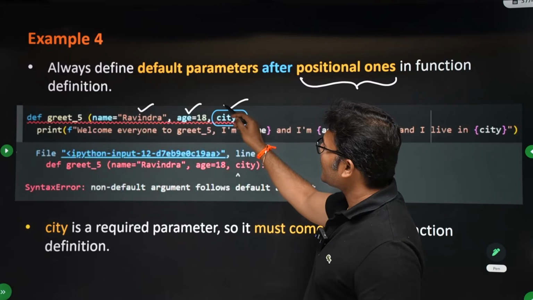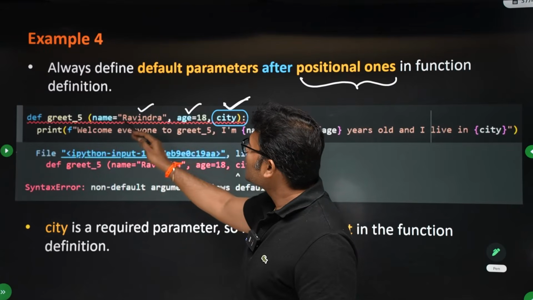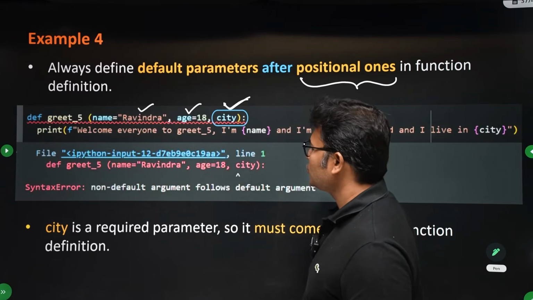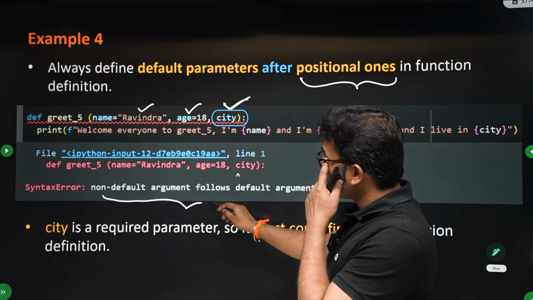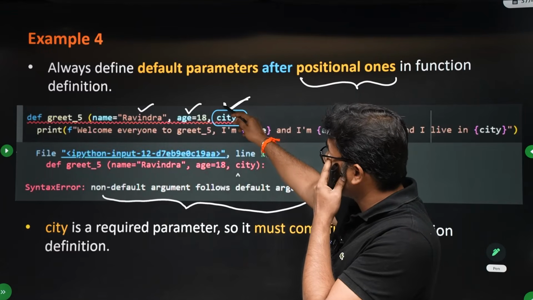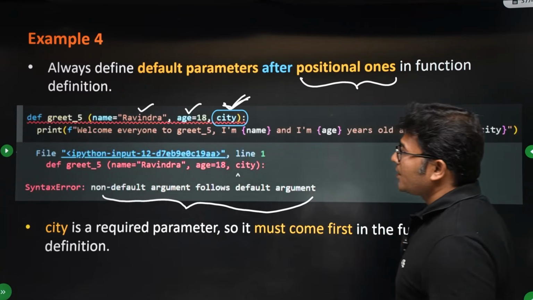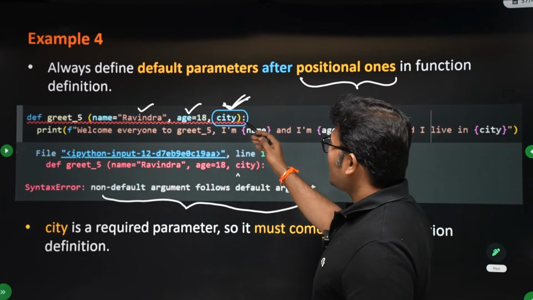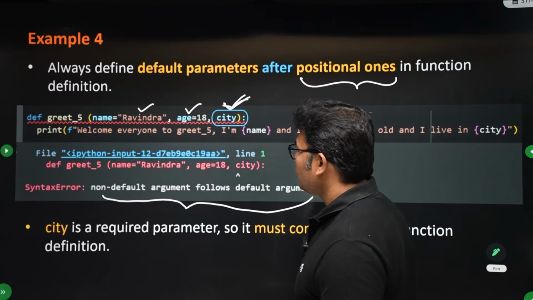City is a positional parameter, which is supposed to be before the default parameters. So that is why we got the error. What is the error? Non-default argument follows default argument, which means this is a non-default argument, and it follows a default argument. It should not happen. So if you are having a positional argument, keep it before the default arguments.